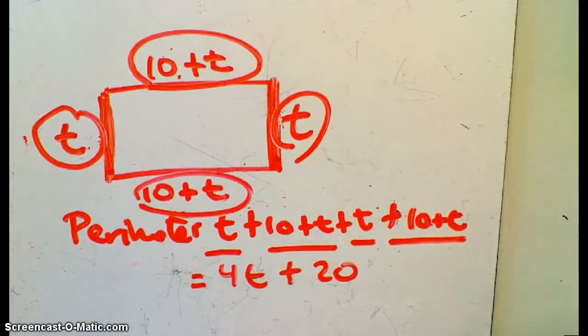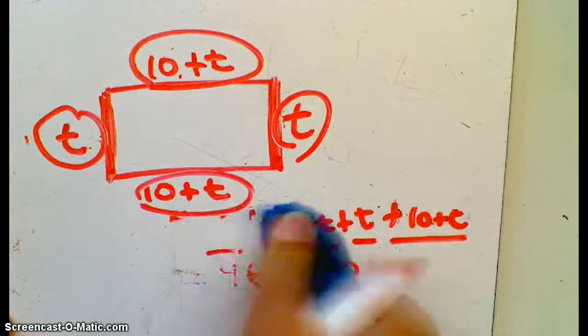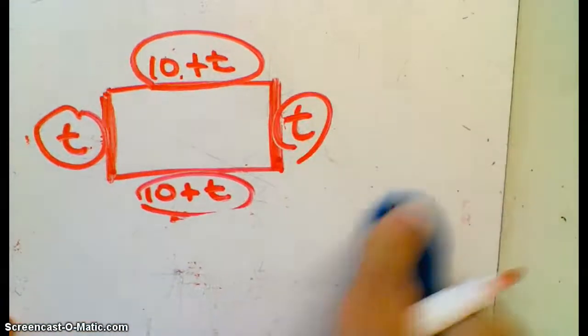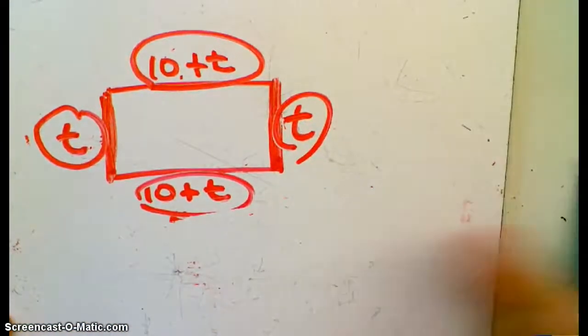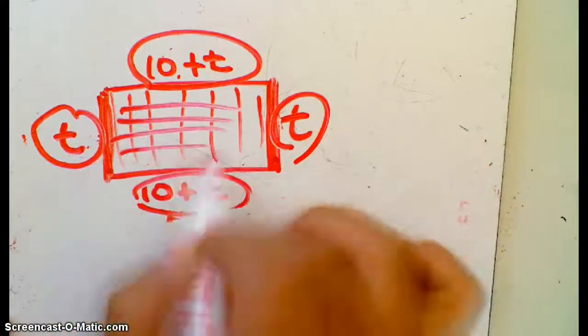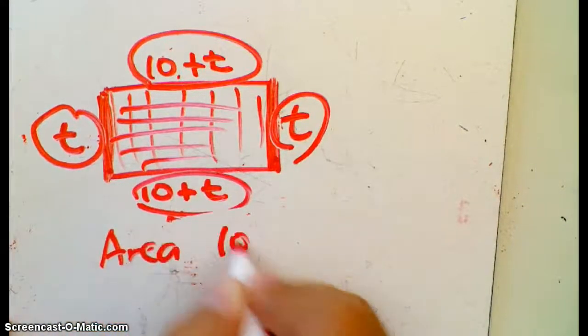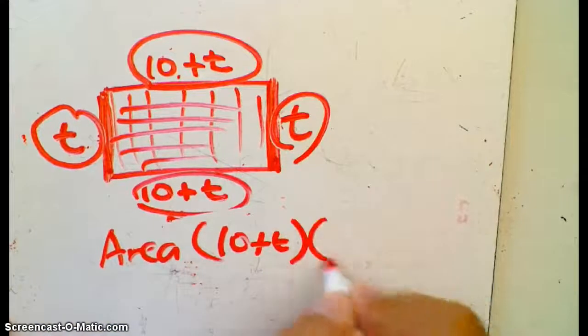And if I have to write the area in terms of those variables, again, I just have to remember that the area of a rectangle is the number of columns times the number of rows. So the area would be 10 plus t times t.